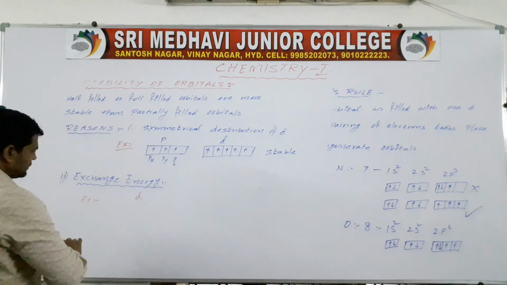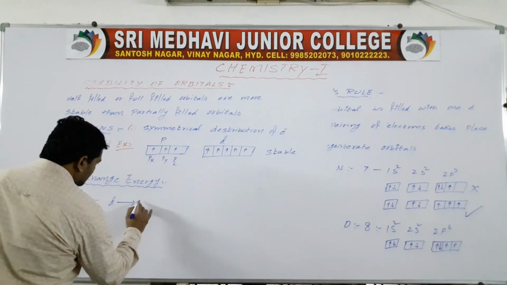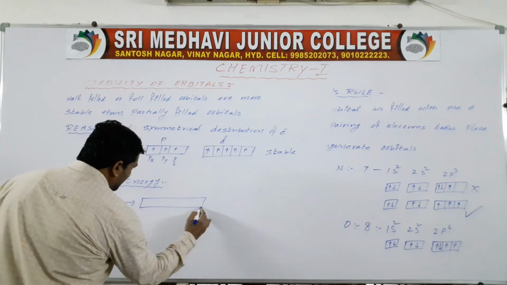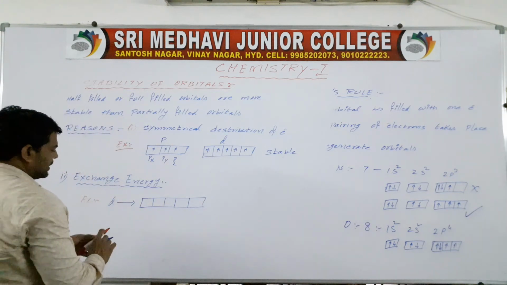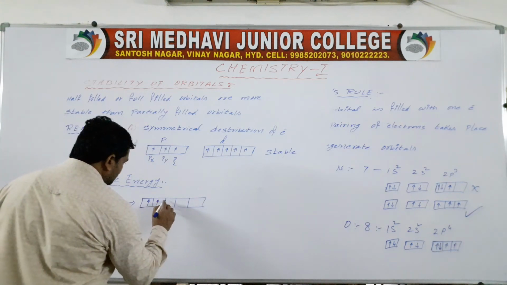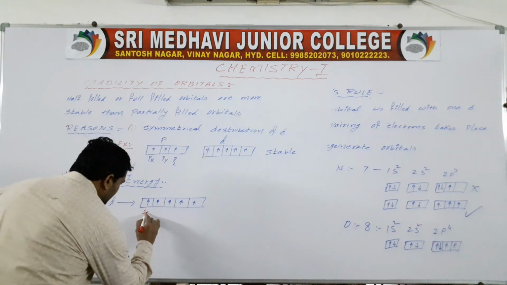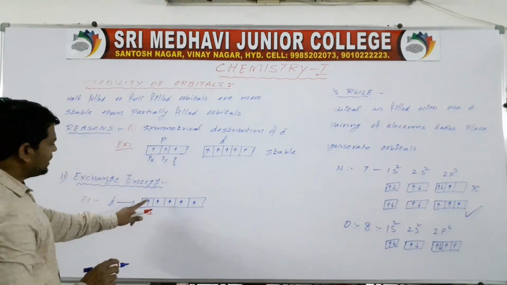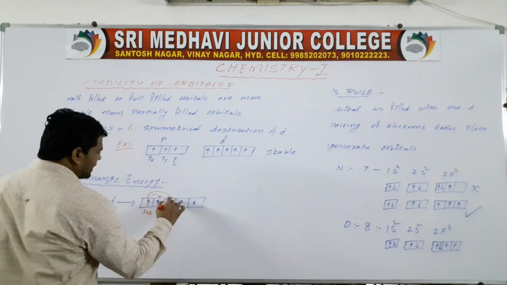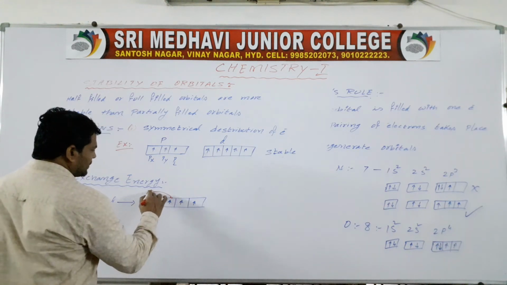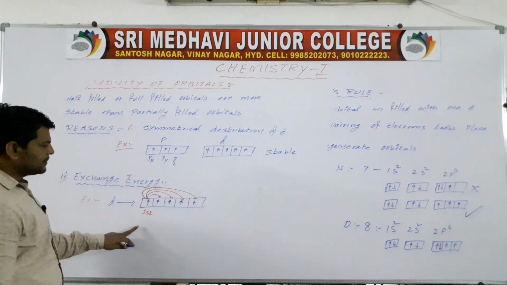So here, for example, I am taking the d orbital. The d subshell has how many orbitals? 5: 1, 2, 3, 4 and 5. Here it has 5 electrons. The first electron exchanges with the second electron, with the third electron, with the fourth electron, and with the fifth electron.